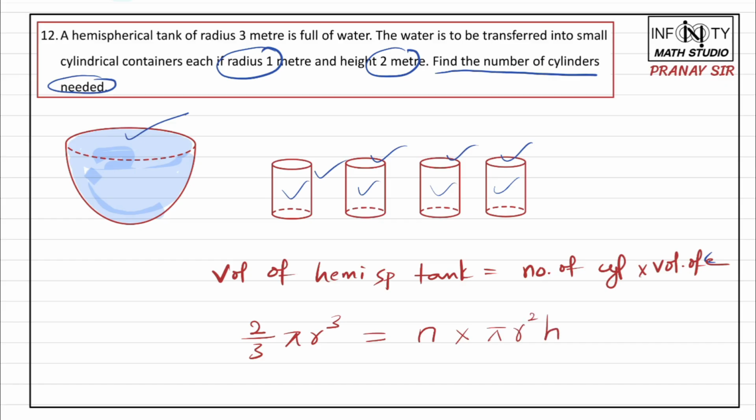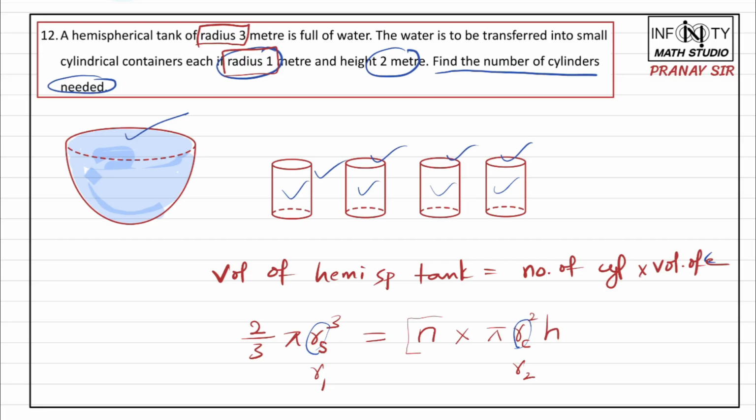You may ask a question: sir, here we have r and here also we have r. Since the radius of the hemisphere is 3 and the radius of the cylinder is 1, both are different. So I take the radius of the hemisphere as rs and the radius of the cylinder as rc. You may differentiate like this also, r1 and r2. It is your wish, but make sure that both radii differ. So this is the formula.